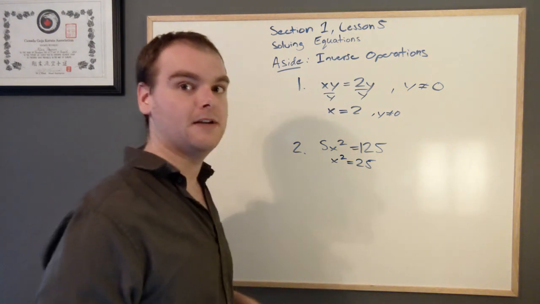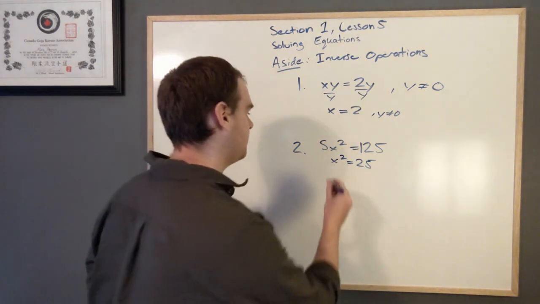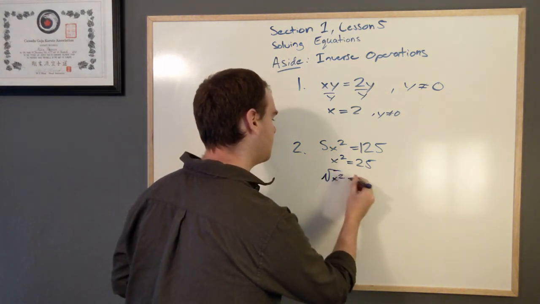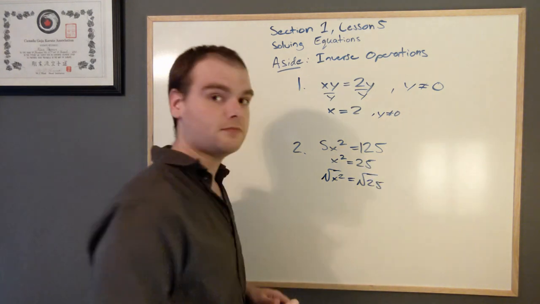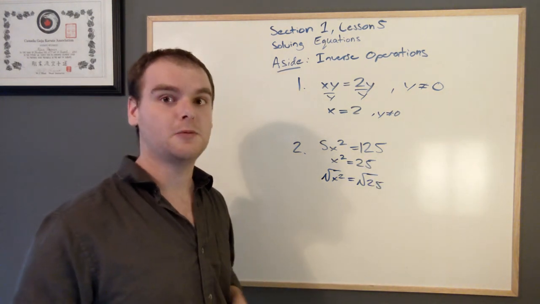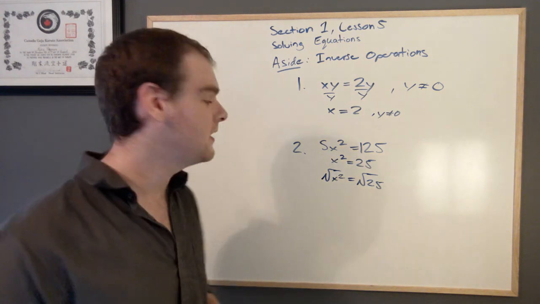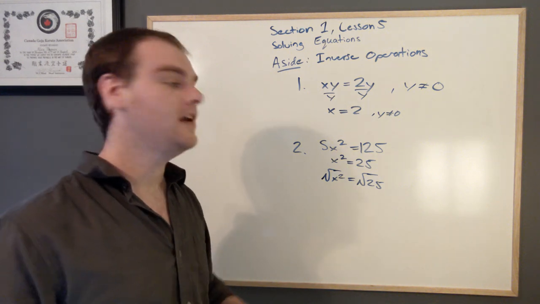So x squared equals 25. And from there, I can do a square root. If you watched the aside when we introduced exponents and we talked about fractional exponents, you might remember that a square root is actually an exponent of a half.